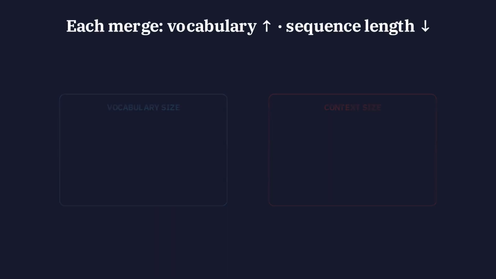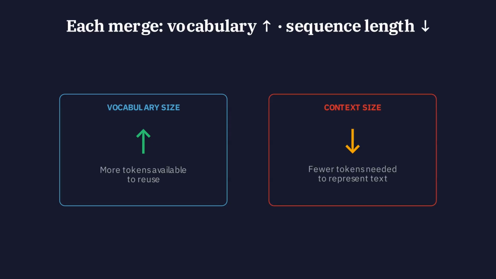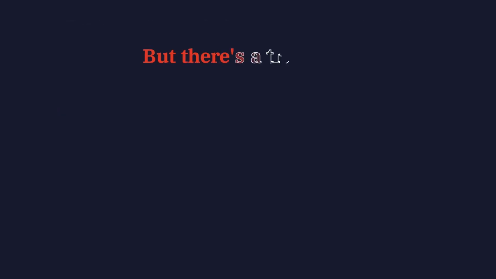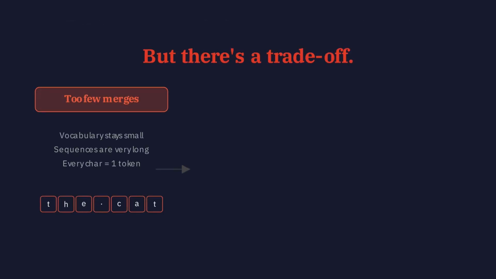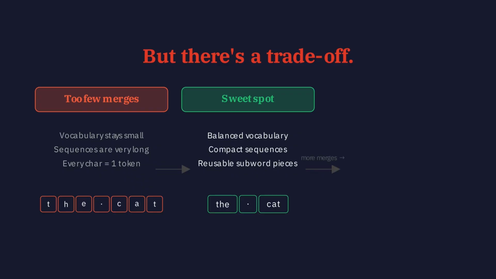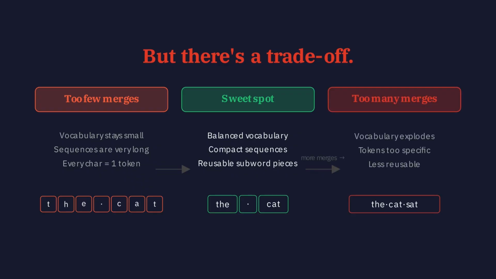The vocabulary grows, and the sequence needed to represent the original text keeps shrinking. But there's a trade off. If you keep merging forever, you may end up memorizing too many specific chunks. This can make the vocabulary large and less reusable.